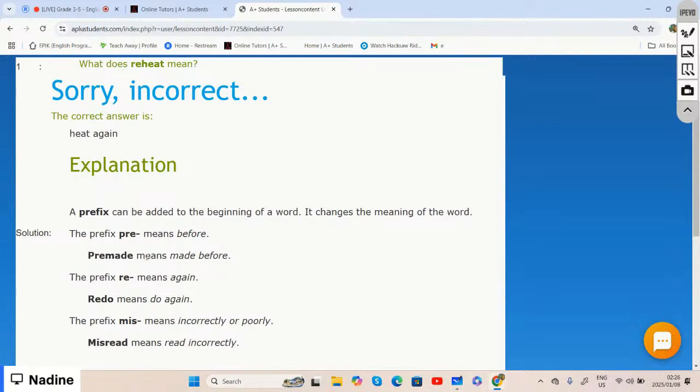All right, so now let's go to prefixes with pre, re, and miss. We said that a prefix with pre means before, re means again, and miss means wrongly.